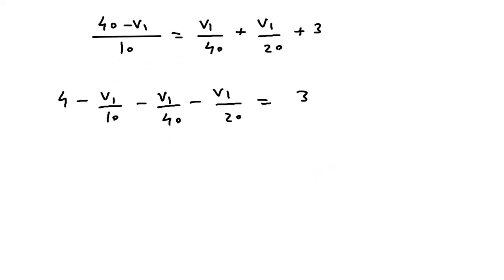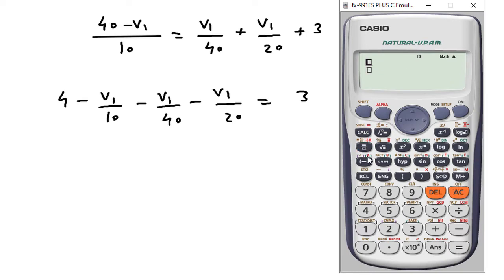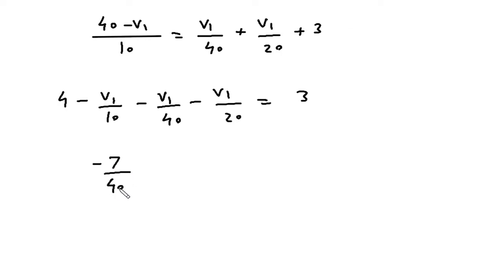This will be minus 1 by 10 minus 1 by 40 minus 1 by 20, which is minus 7 by 40. So minus 7 by 40 times V1 is equal to 3 minus 4.